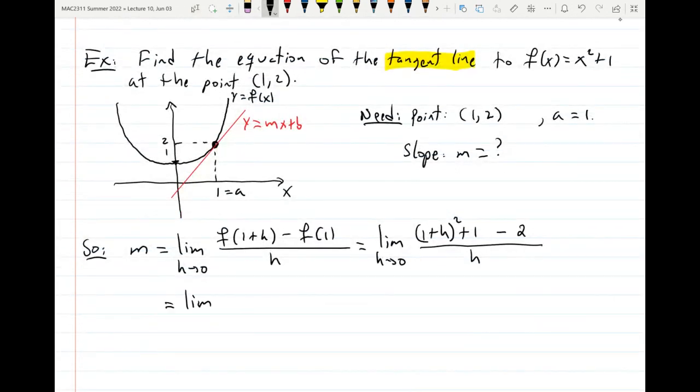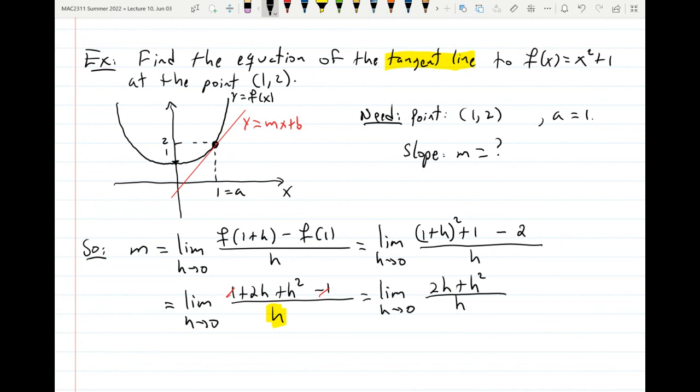All right, so I'm going to expand the parentheses. That's 1 plus 2h plus h squared, and then 1 minus 2, that's negative 1. Then we see the ones cancel out. Remember, our target is to eliminate this h down here, the one that's giving us a 0 in the top and in the bottom.